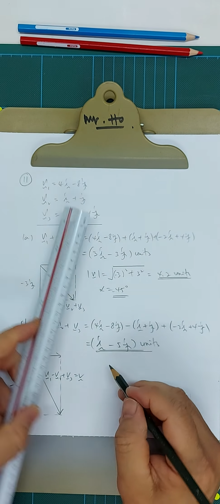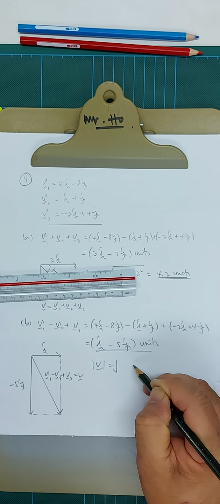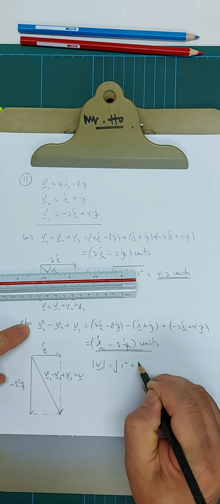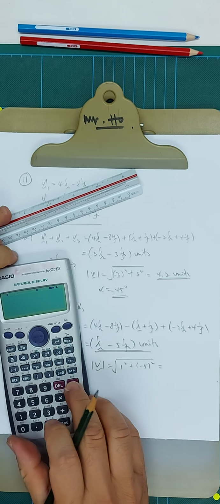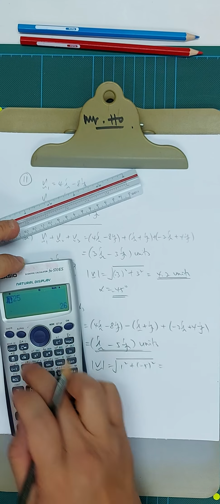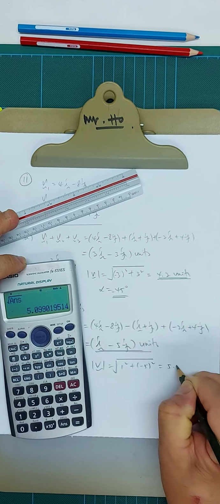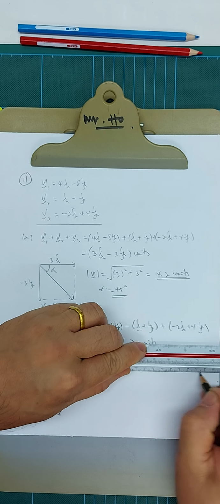The magnitude of v is the square root of 1 squared plus negative 5 squared. 1 plus 25, square root of 26, is 5.1 units.